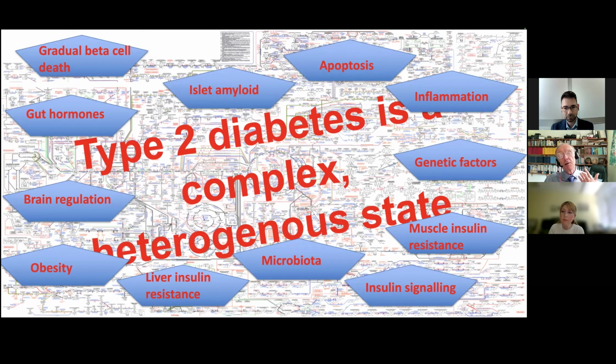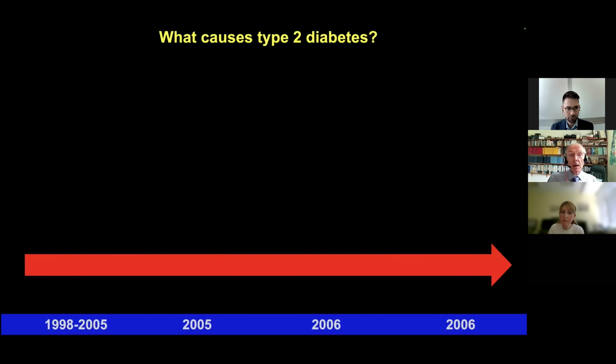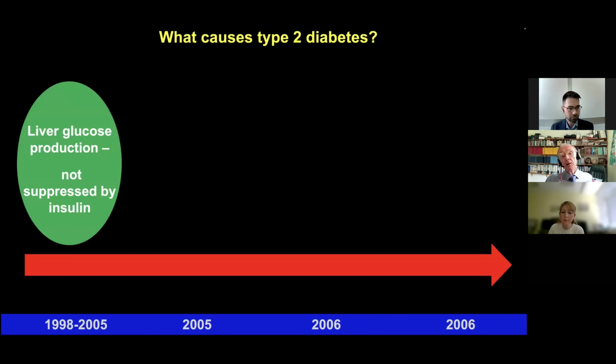I'd like to take you back to 2006 and before, when I was considering the cause of type 2 diabetes in the light of our research to that point. And it went something like this. We demonstrated that the liver was actually really very important.